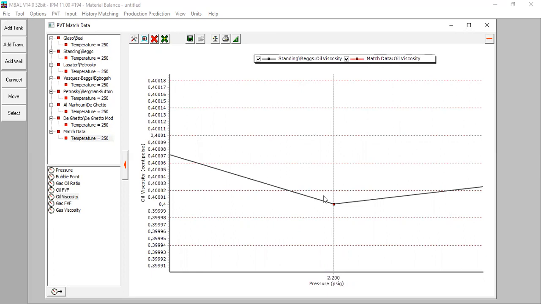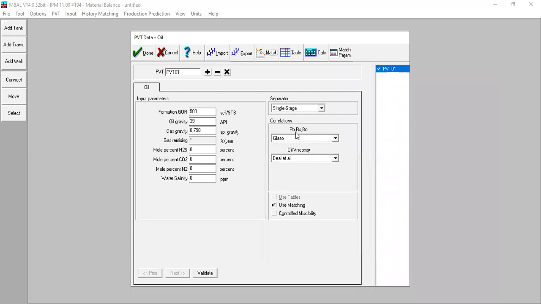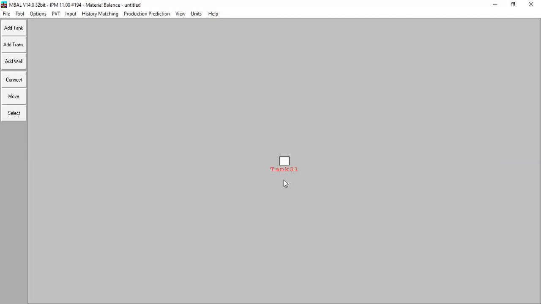In conclusion, for bubble point pressure, solution gas ratio, and oil formation volume factor, Glasso is the best. And for oil viscosity, Beggs et al. is the best. Now tick use matching. So far so good. For PVT, we are okay. The data has been matched.